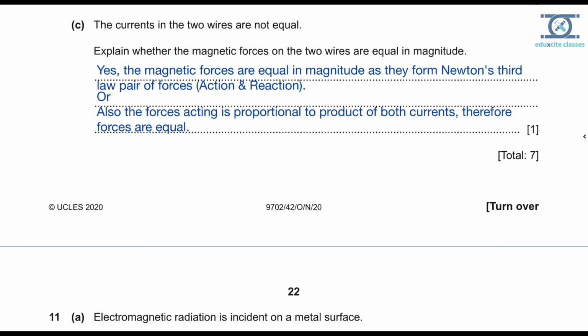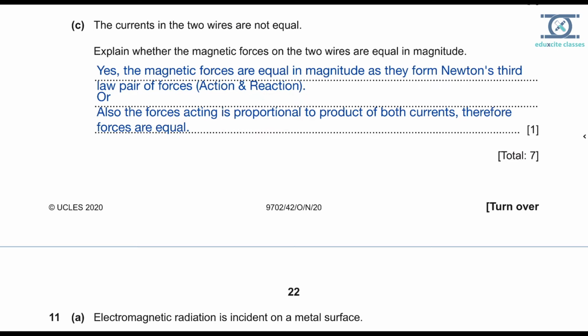Yes, the magnetic forces are equal in magnitude because they are forming Newton's third law pair, action and reaction, and we know that action and reaction are equal in magnitude but opposite in direction. And also you can mention in this manner, yes, they will be equal in magnitude because the force acting is proportional to the product of both currents, therefore the forces are equal.